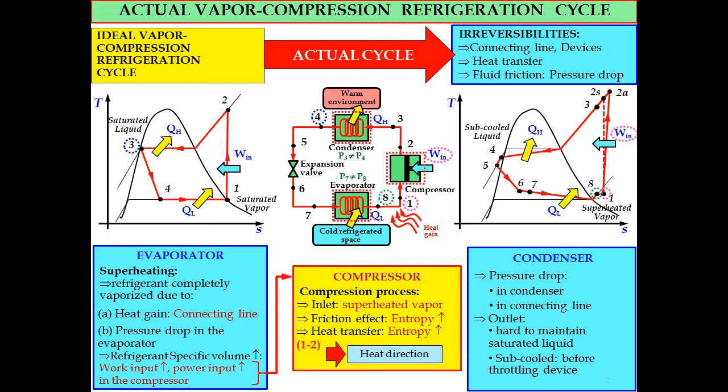So in actual condition, state number 4, the condition at the outlet of the condenser, will be in the subcooled liquid region before the refrigerant enters the throttling device. Okay, so that's the characteristic for the actual vapor compression refrigeration cycle. Subcooled liquid region for state number 4.